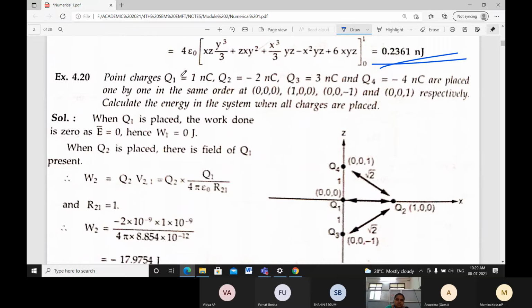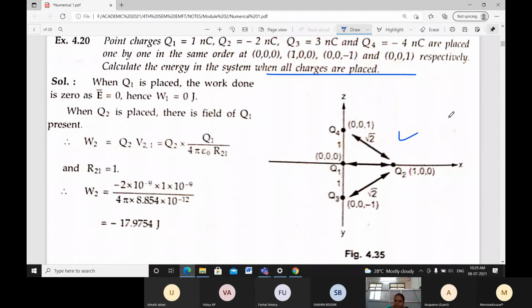Point charges Q1 of 1 nanocoulomb, Q2 of minus 2 nanocoulombs, Q3 of 3 nanocoulombs and Q4 of minus 4 nanocoulombs are placed one by one in the same order at x, y, z values of the origin 0, then 1 0 0, then 0 0 minus 1 and 0 0 1 respectively. Calculate the energy in the system when all charges are placed. We have to do this problem.